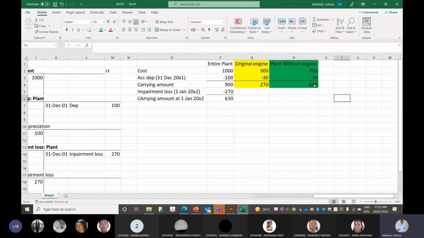This is the plant without the engine, because we've scrapped the engine.